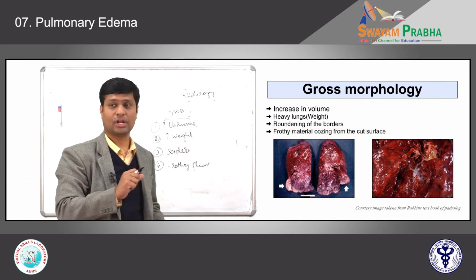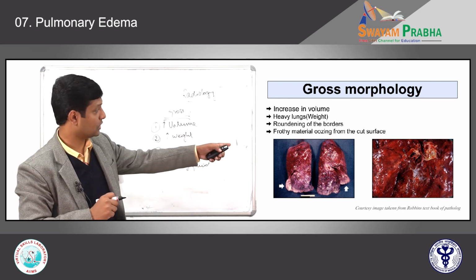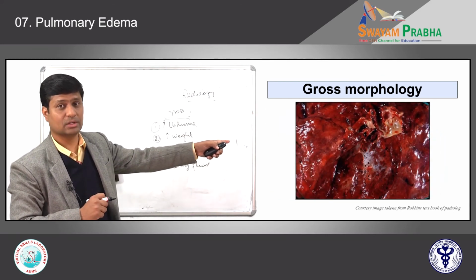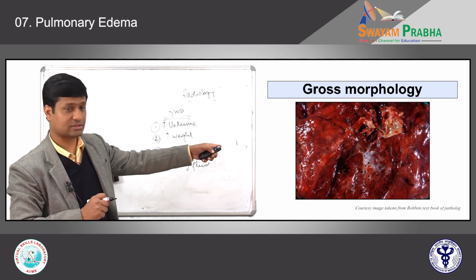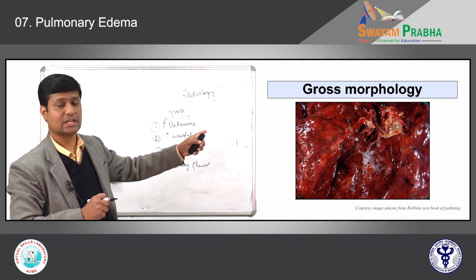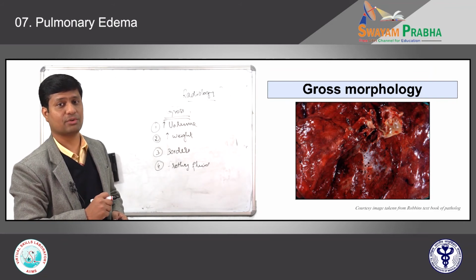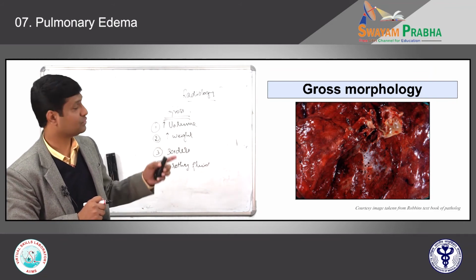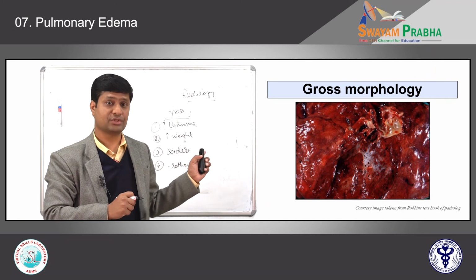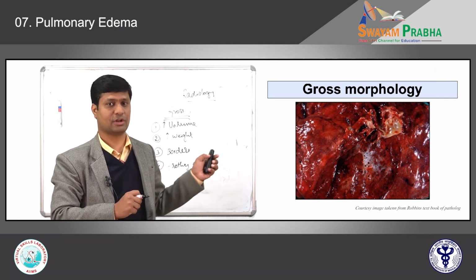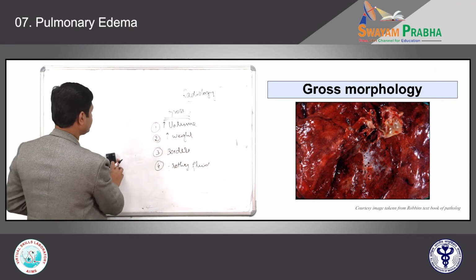So that you should remember. You can see in the second picture how the frothy fluid is exuding from the cut surface of the lung. It exactly looks like when you examine a patient of pulmonary edema, right? All of you should see these kinds of pictures in forensic postings, right?